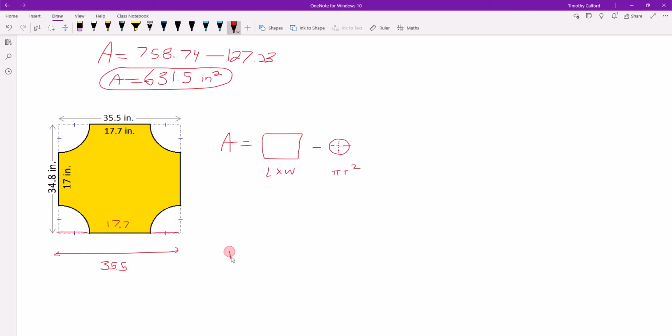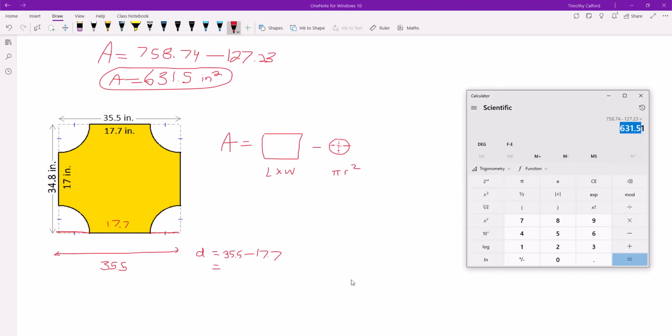So if we took 35.5 and subtracted the 17.7, that would leave us with actually 2 of the radius, which would kind of be the diameter. So we could even say diameter equals. And so then we would need to divide our answer by 2 to get the radius of the circle.